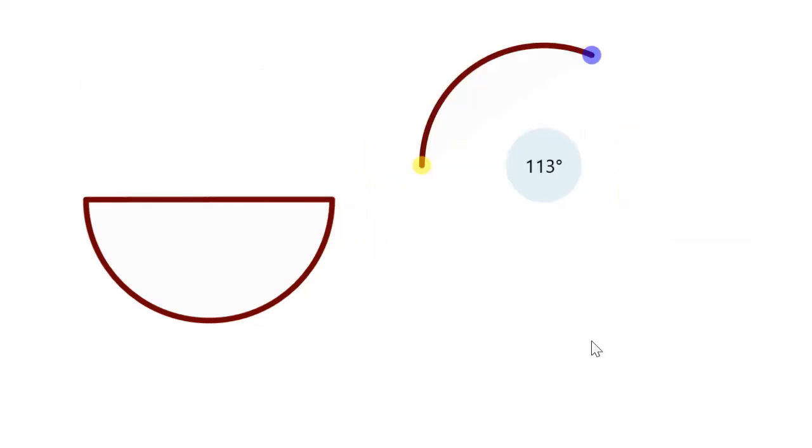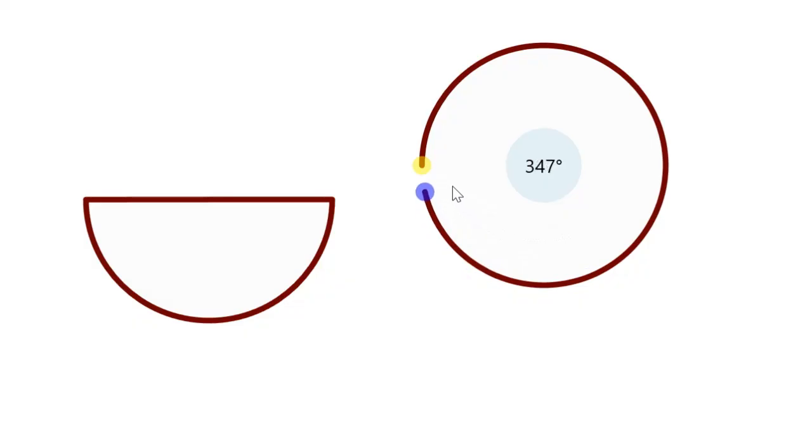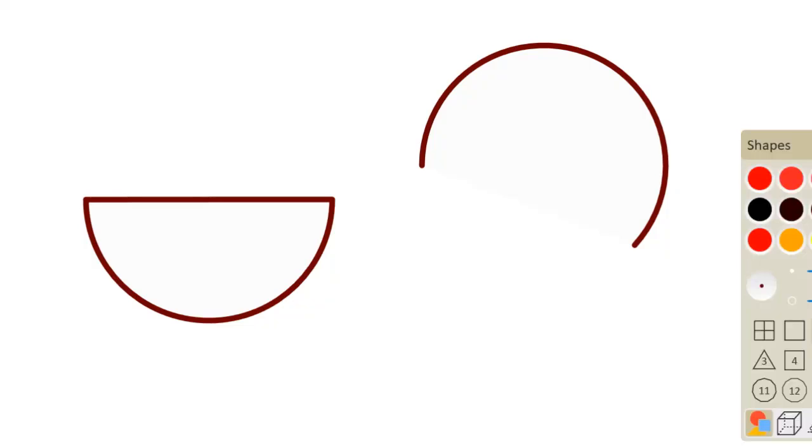So from this I can just develop an arc like this, and the arc can be big, and it can even complete a circle. 347 degrees the measure of the central angle created by this arc. What does it mean? I'll draw and show you.